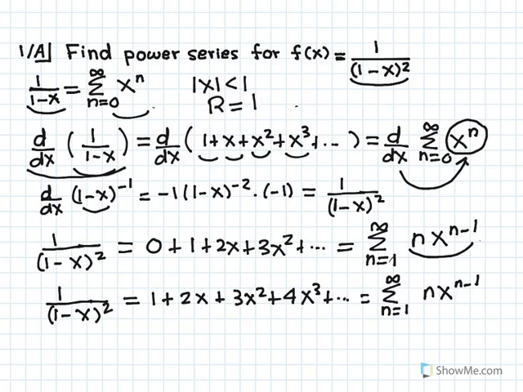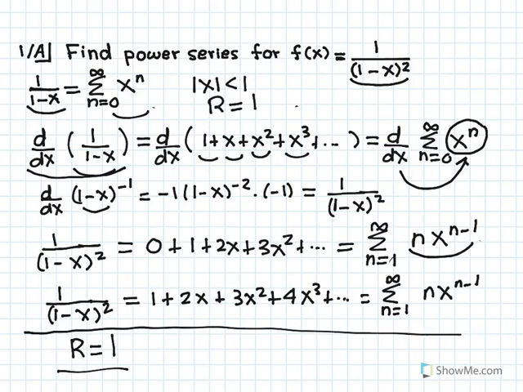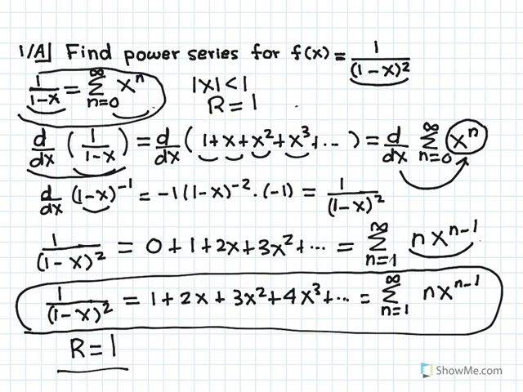So the radius of convergence of this new series is also r equals 1, because we learned earlier that if we differentiate a power series, the radius of convergence does not change. So this is the power series representation of 1 over (1 minus x) squared, and we got that by differentiating the geometric series term by term. Its radius of convergence is the same as that of the original geometric series.